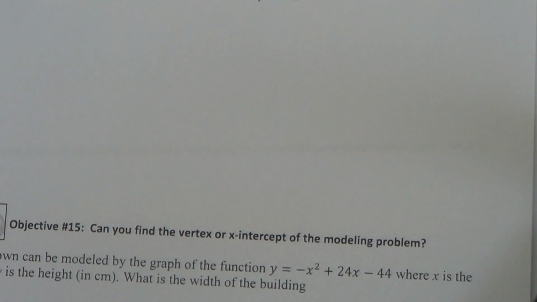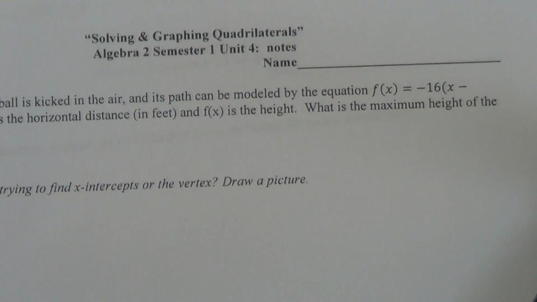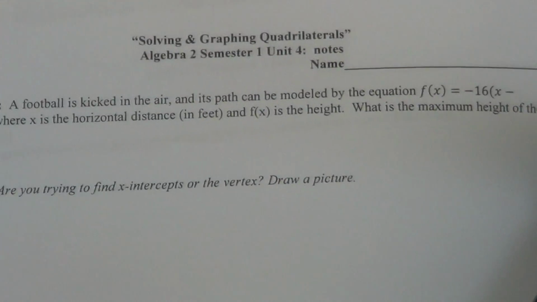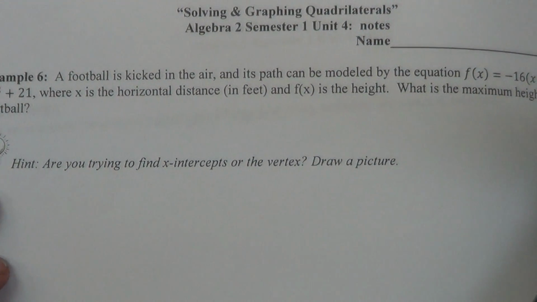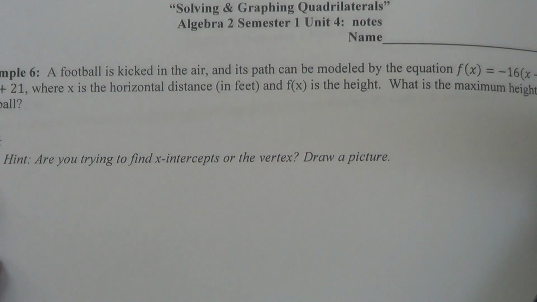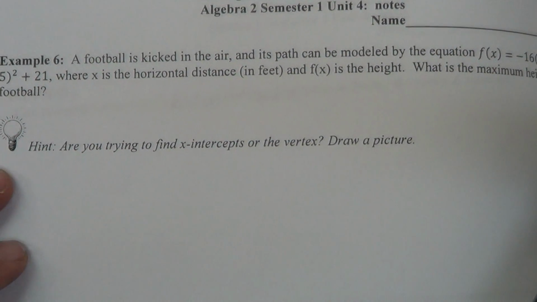Next page. A football is kicked into the air, and it is modeled by the equation negative 16 parentheses x minus 5 squared plus 21, where x is the horizontal distance in feet and f of x is the height. What is the maximum height of the football? This is exactly like the one we just did.